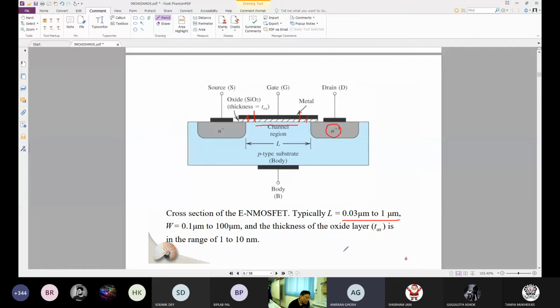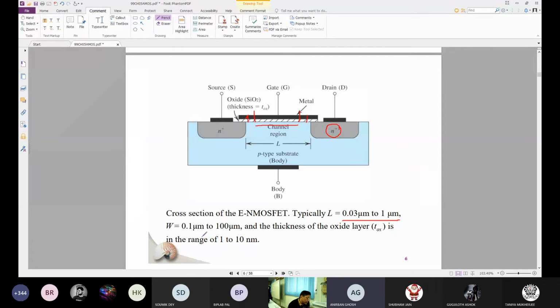More functionality means more operations, or more operations per unit time. So typically, this is a very important dimension.